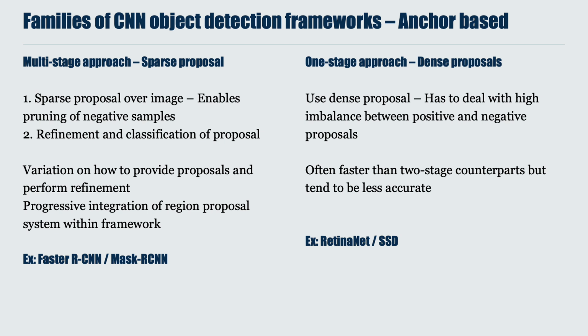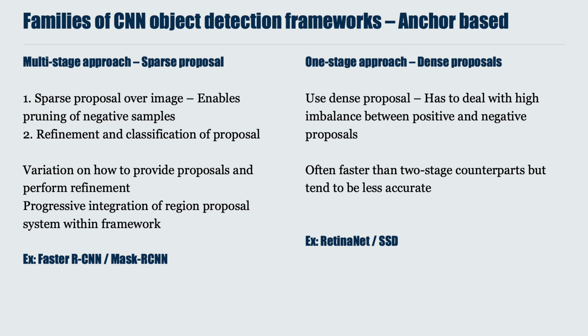So all those were one-shot detectors, but they are still all anchor-based. We saw in the multi-stage approach that you have sparse proposals over your image, and that enables you to easily do some pruning over the negative samples, and then you need to do your refinement and the classification of the proposal, with the risk, obviously, that if your first stage is not working properly, you may have a low recall in terms of the proposals.